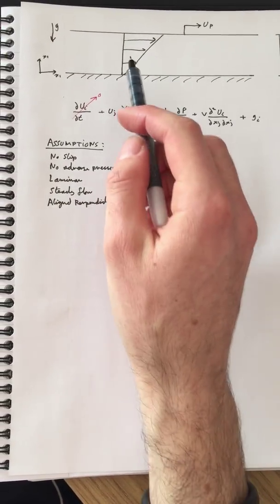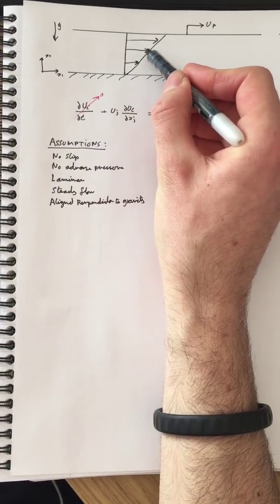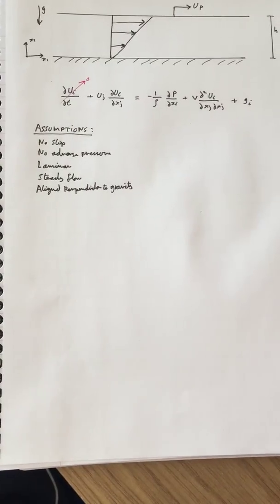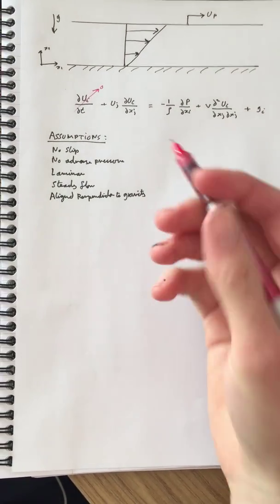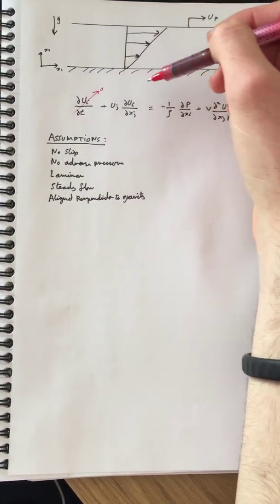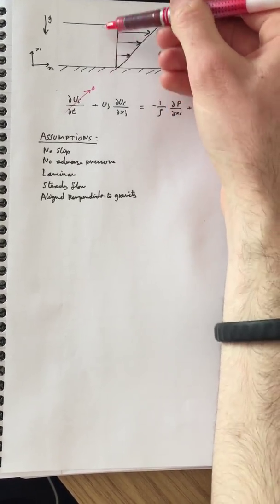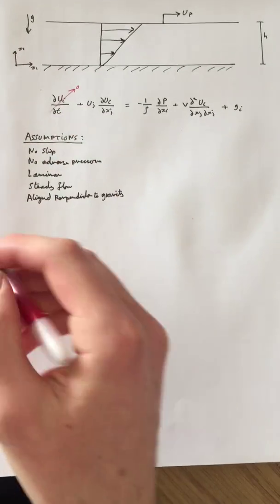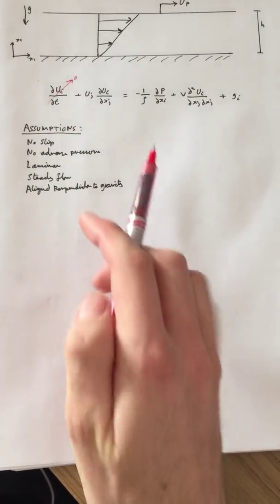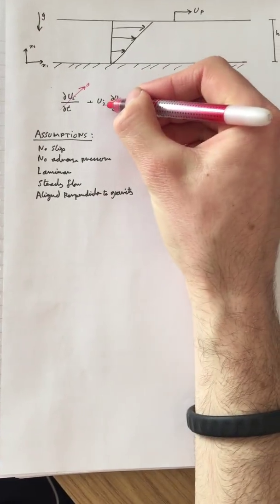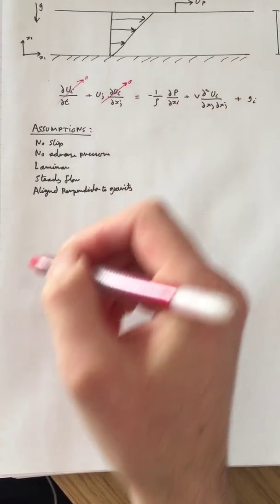Now, as it's flowing laminar throughout the Couette flow, there's no velocity going in the x2 direction on the defined coordinate axis. It's just flowing in the x1 direction. So this here goes to 0.